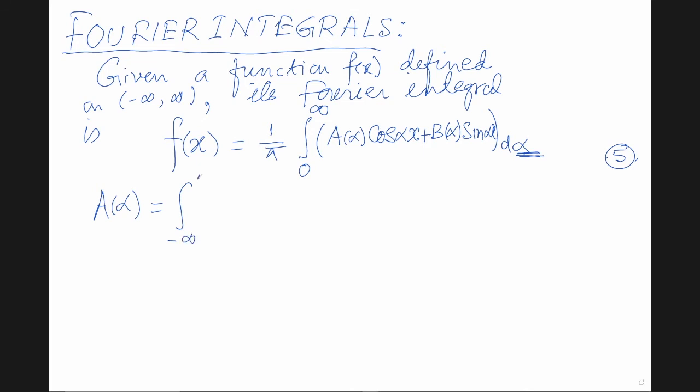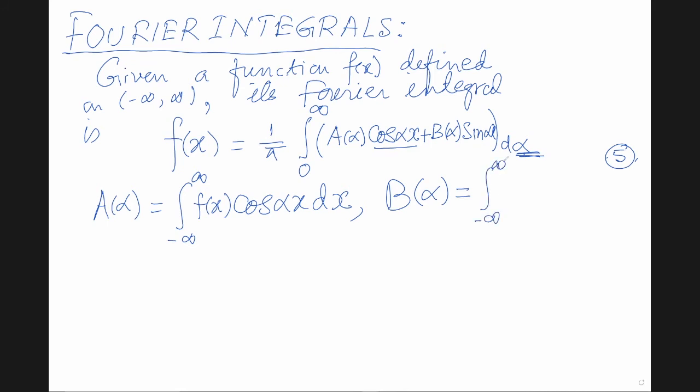A alpha is the integral from minus infinity to infinity of f(x) multiplied by cosine alpha x. And what is B alpha? It is the integral from minus infinity to infinity of f(x) multiplied by sine alpha x.